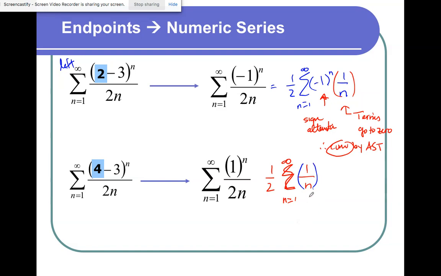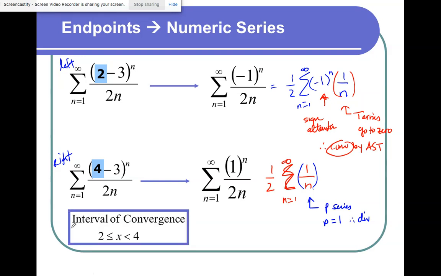But then I recognize that this is a p series where p is equal to 1. Therefore, diverge. And again, 1/2 times a convergent is still convergent. 1/2 times a divergent is still divergent. So you put the right endpoint in, you shook it all about, and you got divergence. So you're going to leave the right endpoint open.